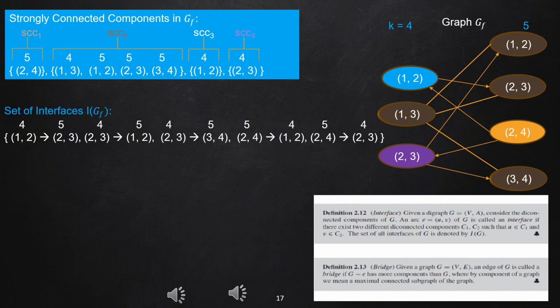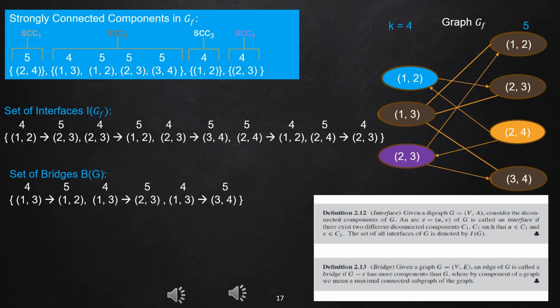Similarly, we can find the set of bridges. From the definition, each strongly connected component is considered as a graph, and within that, if you remove any edge, it should have more components. That's how the bridges are defined. Since 3 of the 4 strongly connected components have only a single vertex, these have no bridges.